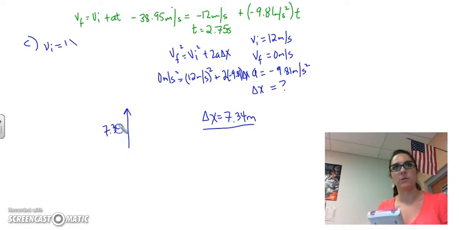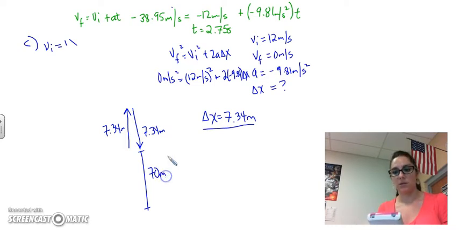7.34 meters. We can assume that will be the distance down, since gravity is the only thing influencing this motion. The rest of this is 70. So now to find the total distance, I'm going to add the 3 values together.